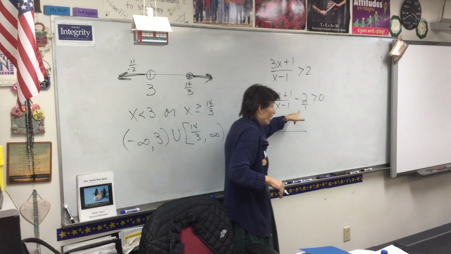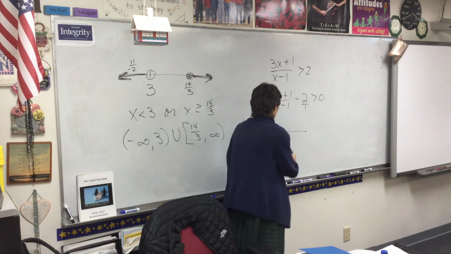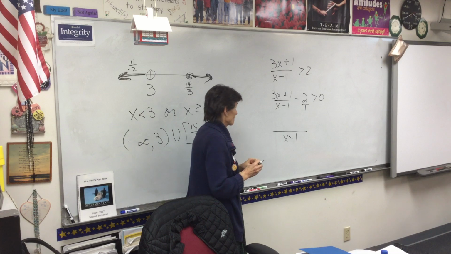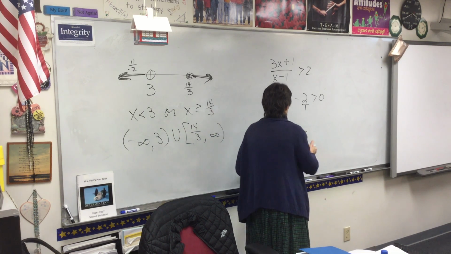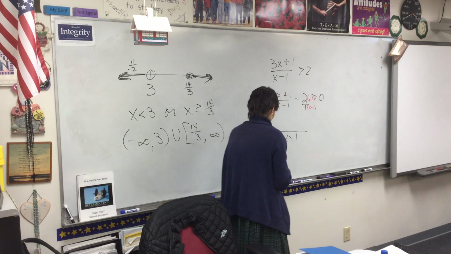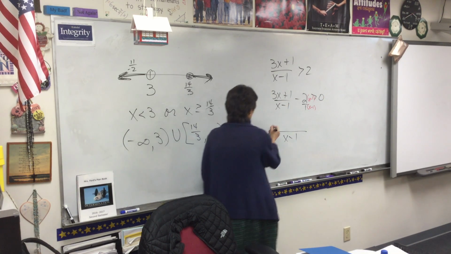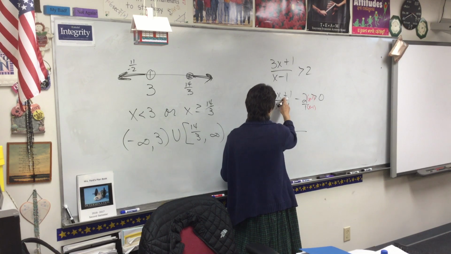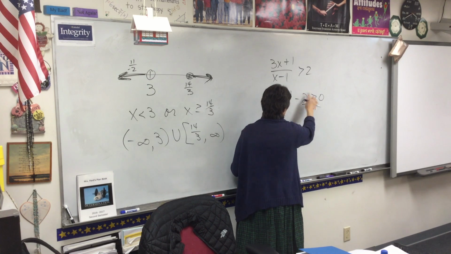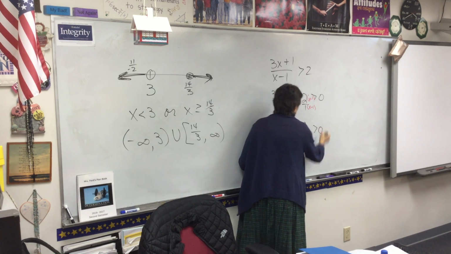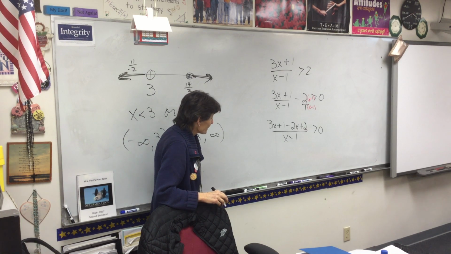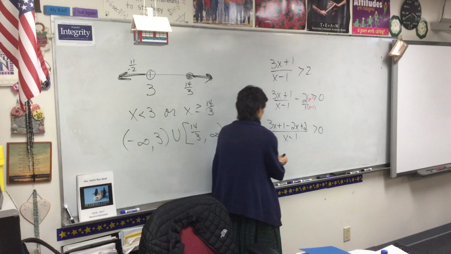And since that's a 1, the common denominator will just be x minus 1. So we'll need to multiply this by x minus 1. So 3x plus 1 minus, be careful here, 2x plus 2. We're adding, wouldn't that be 1x plus 3?